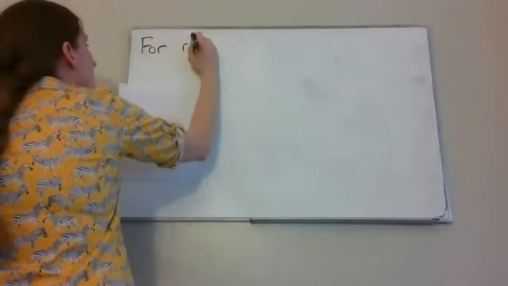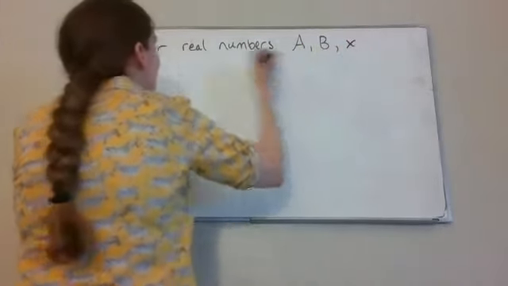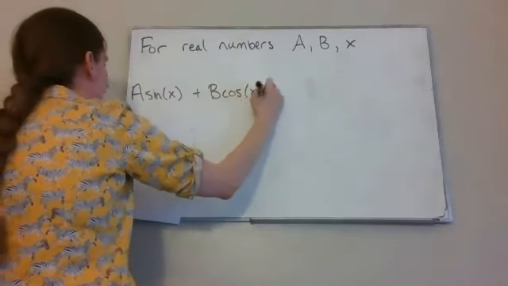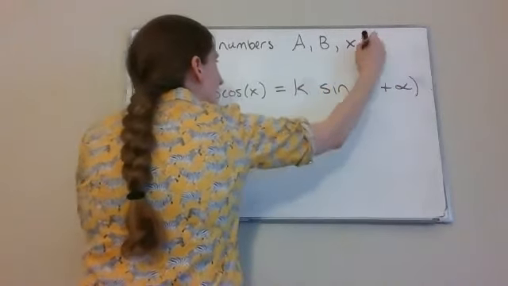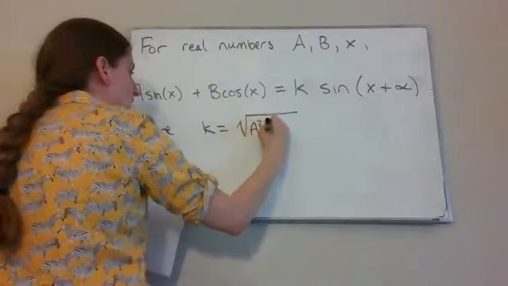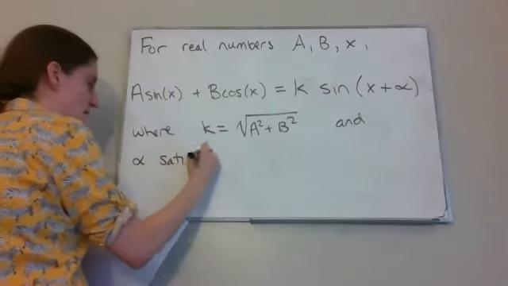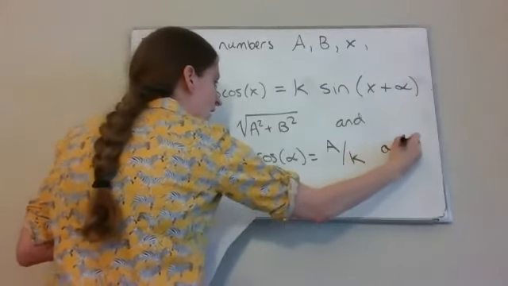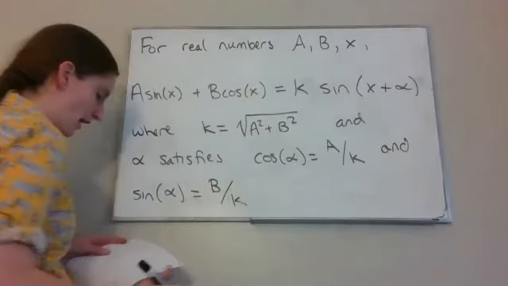So for real numbers a, b, and x, a times sine of x plus b times cosine of x is equal to some k times sine of x plus alpha, where k is defined as the square root of a squared plus b squared, and alpha satisfies cosine of alpha equals a over k, and sine of alpha equals b over k.